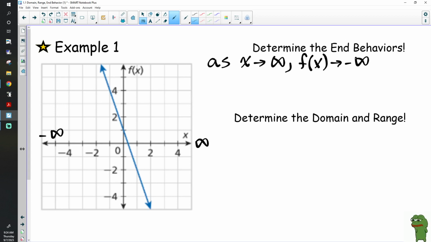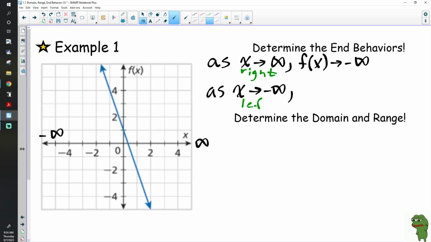X approaching positive infinity means the right side. X approaching negative infinity means the left side. If it's going to help you, you can write that down. Just a note to self. This means right side.